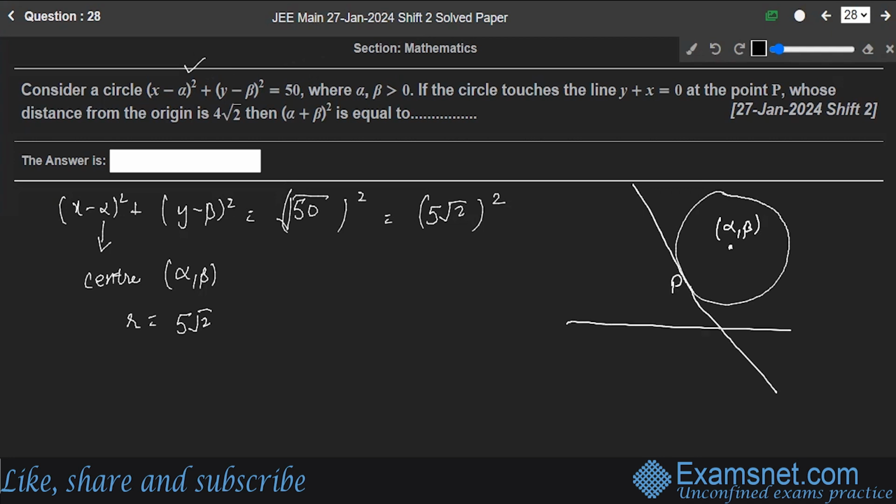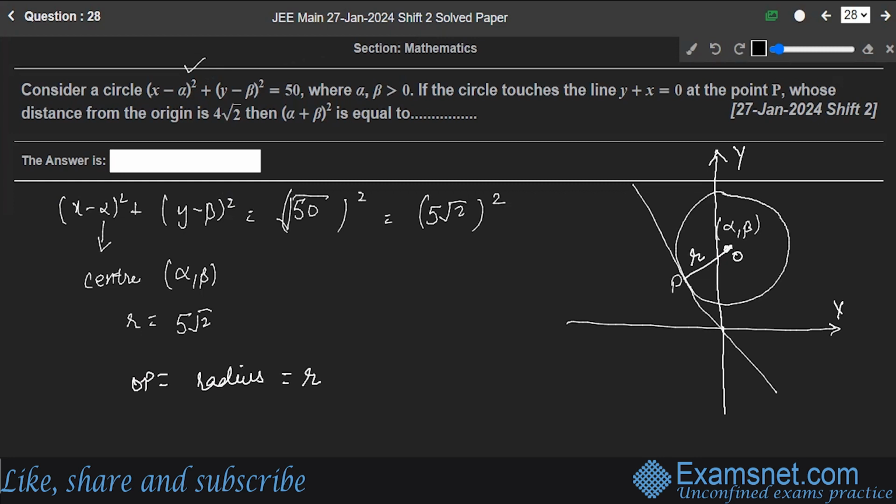Now let's say this is your x, and let's make the y-axis from here. This is the correct figure. This is the x and the y, and it touches this circle. That means if I take this as r, this is the radius. This is O. OP is equal to the radius, r.